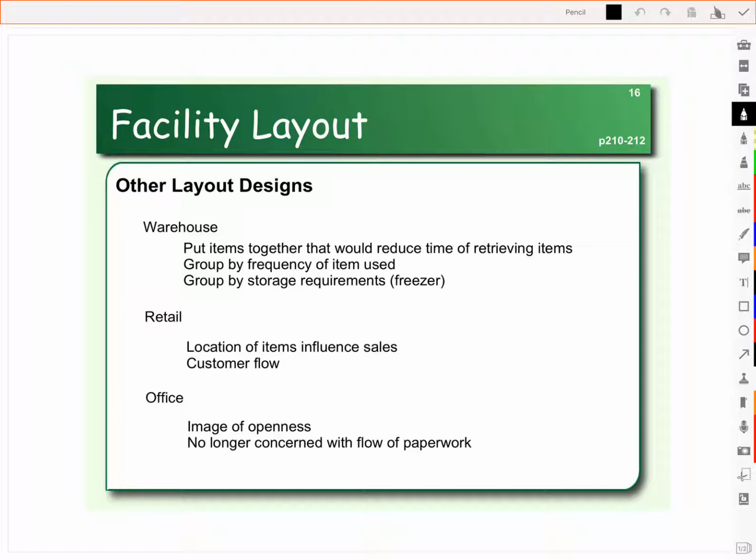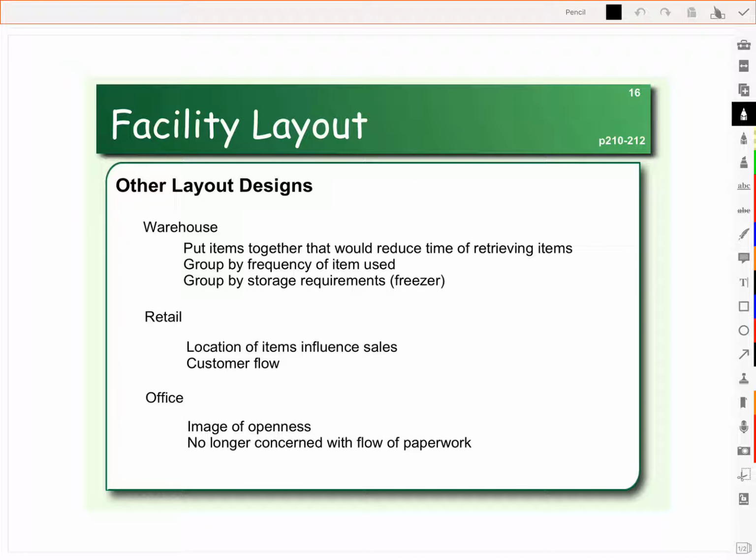They would keep whatever they have to restock the most often. And the reason is because it saves you time and money. Instead of walking to the other end of the warehouse to get those items, if you have to take fewer steps, then that means more time to work on other things and it saves the business money. So anything that is pulled more often is going to be up by the front.